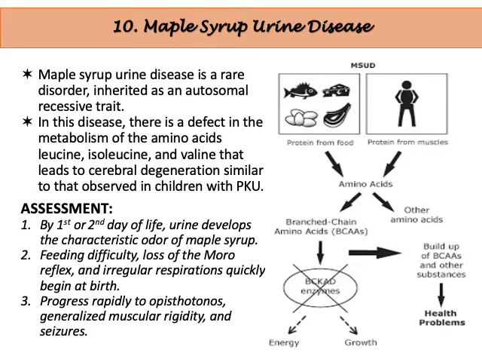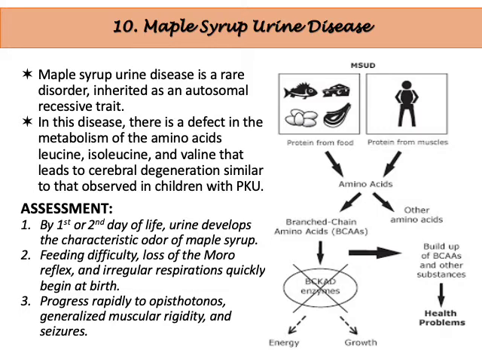Second, they appear well at birth, but quickly they begin to show these signs: feeding difficulty, loss of motor reflex, and irregular respirations. Then they progress rapidly to opisthotonos position, generalized muscle rigidity, and seizures.